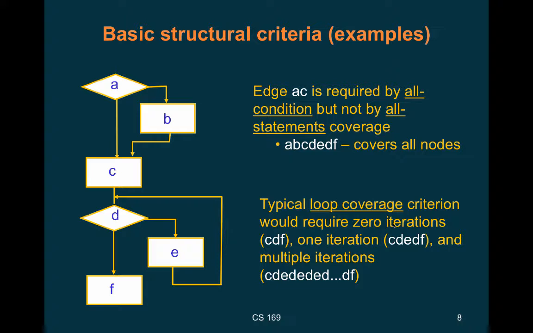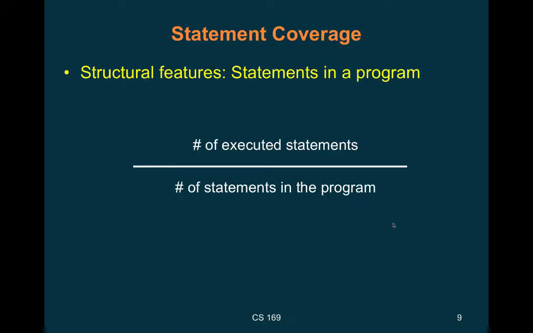Okay? So as we go to more and more complex coverage criteria, they become a little bit harder to see, harder to think of the examples when exactly this coverage criteria would find the bug when simpler coverage criteria would not. But that's because they're more complicated. Okay, so for statement coverage, let me try to summarize it.